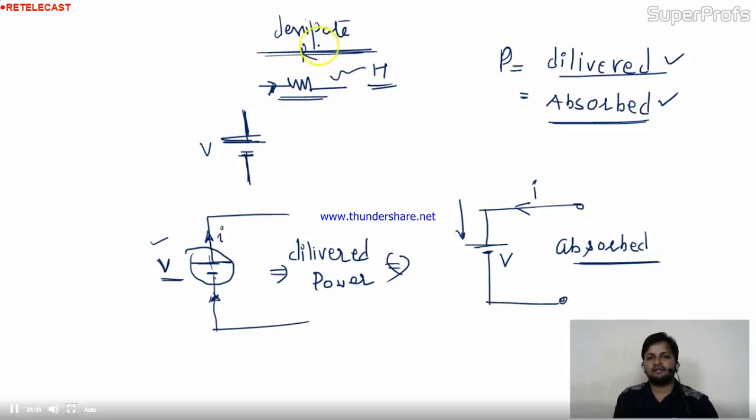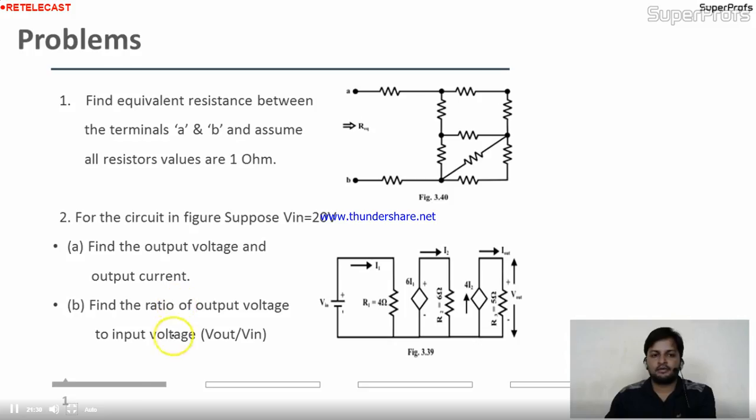So all elements only dissipate the energy, or we can say absorb the energy. They are the energy absorbers and the sources are energy providers. But only in this condition the source is the energy provider. In this condition the source is an absorber. Okay? Come to the problems now.